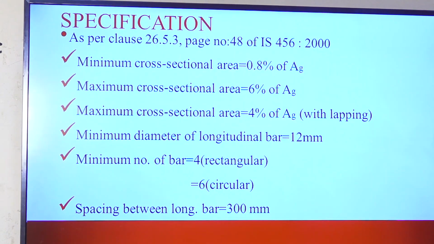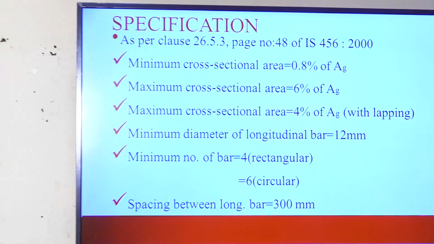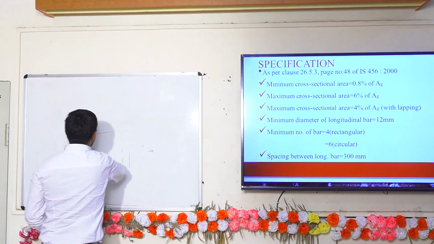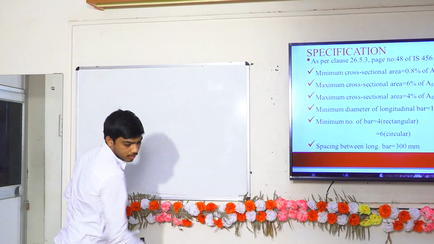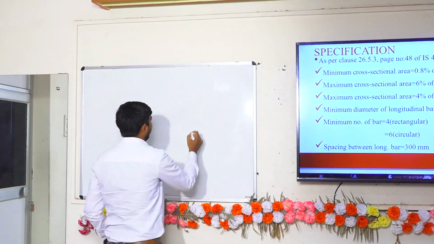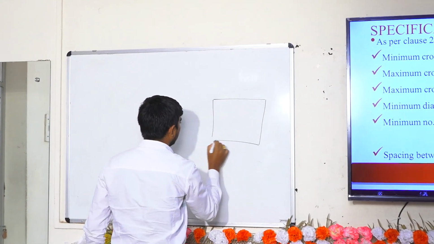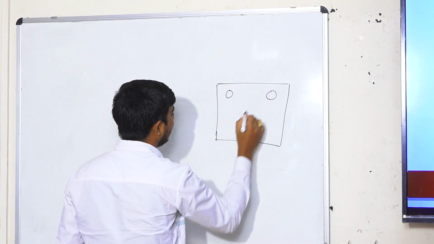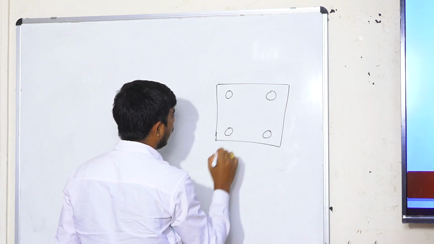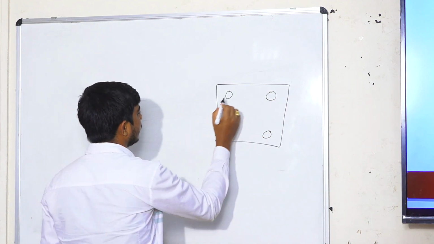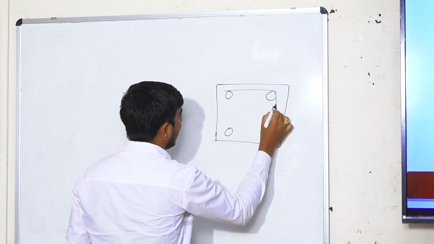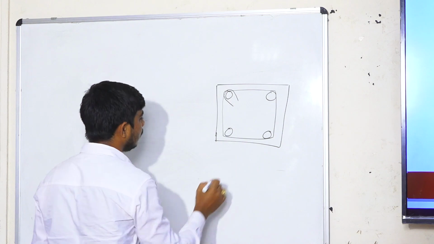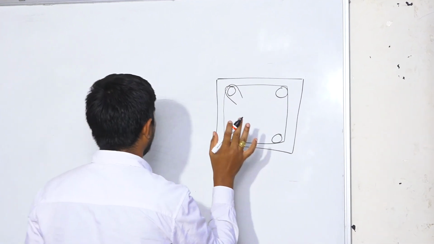So when we talk about a column, it has a dimension made up of concrete and reinforcements are embedded in it. These are called longitudinal reinforcement. Also there are transverse reinforcement tied like this. So this is the top view.